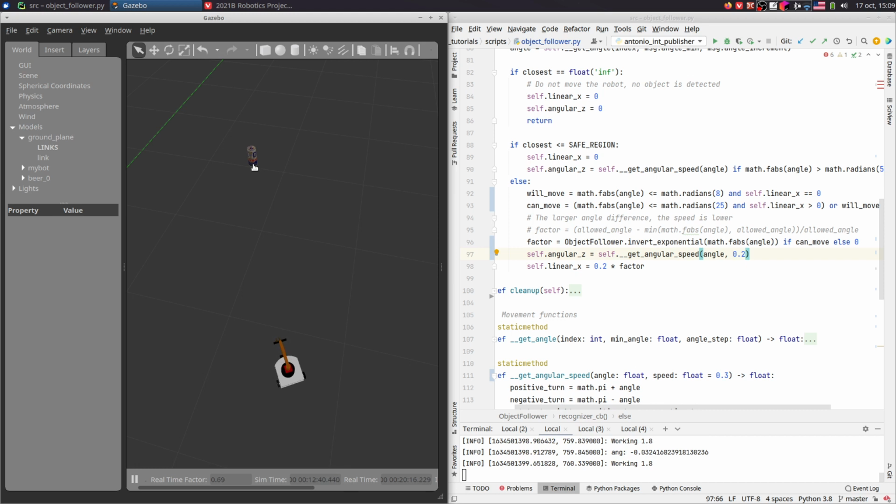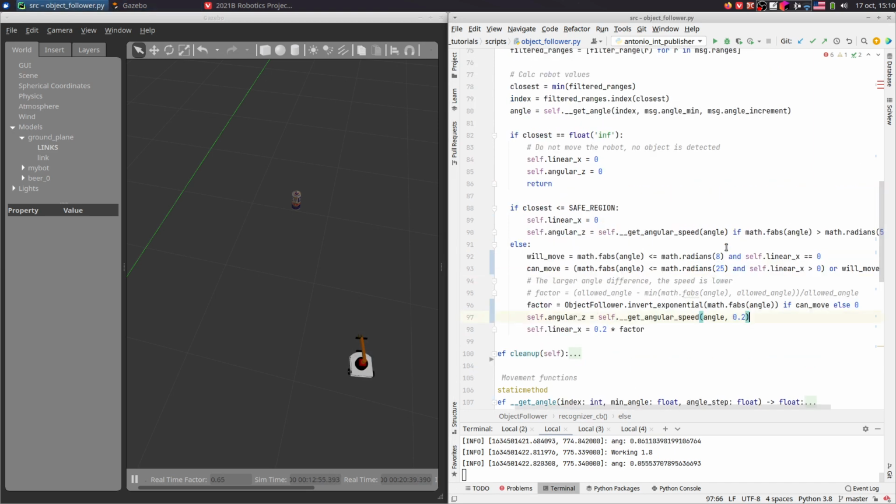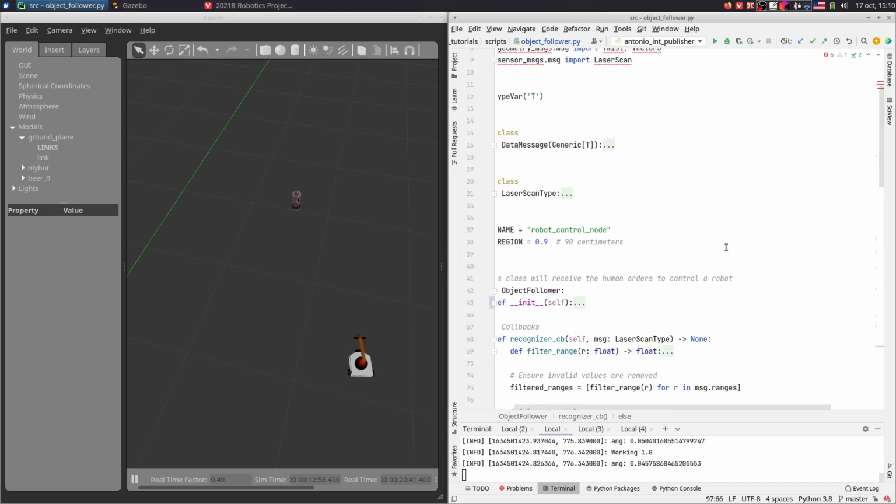We didn't reach the object in a reasonable time, so I decided to remove that compensation for the first acceleration. Right now you can see that it compensates only when it is not moving. Let's wait, and that's all for our robot program.